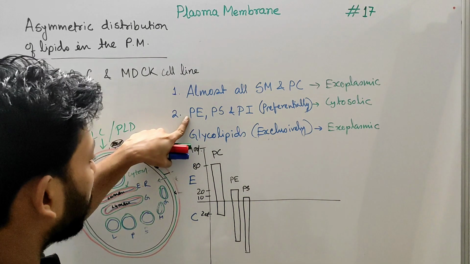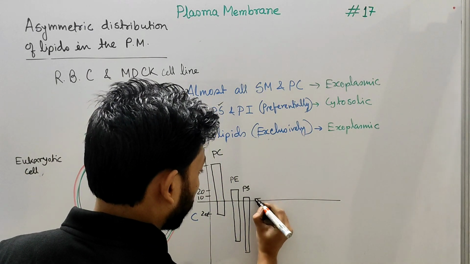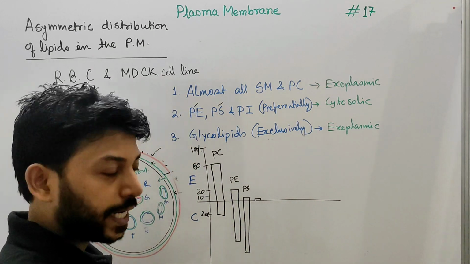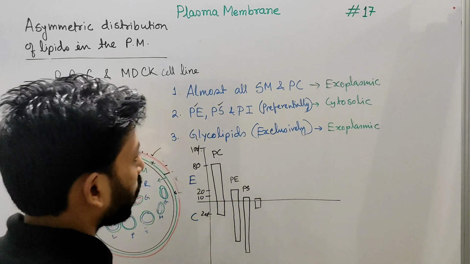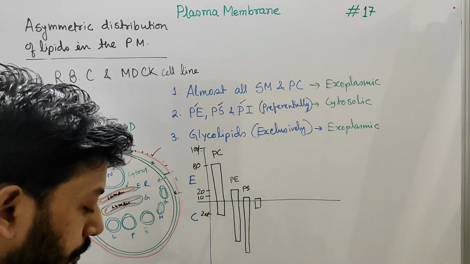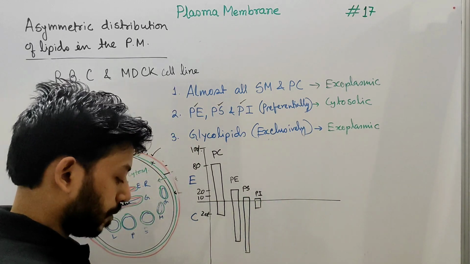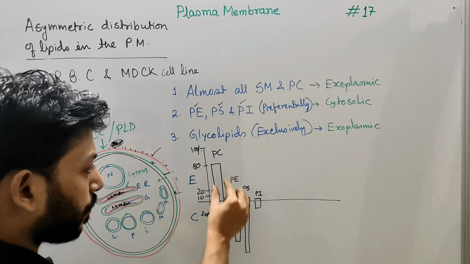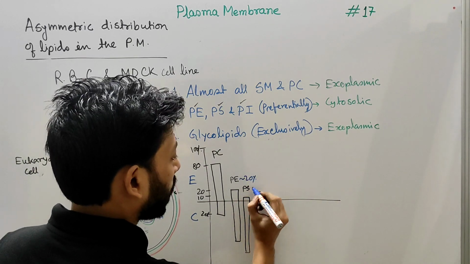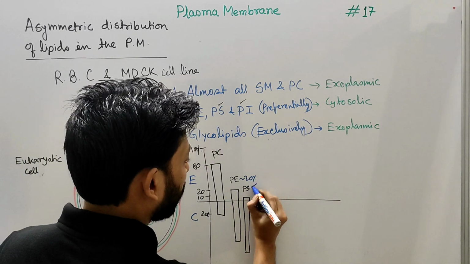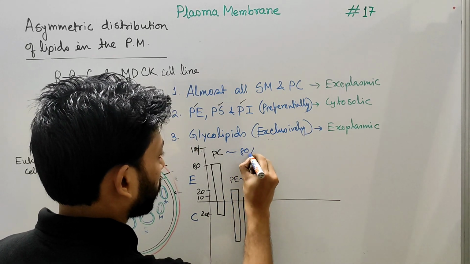As I have mentioned, PE, PS and also PI. PI is present in low amount in both bilayers, but also it is present inside more. So these three lipid molecules, PE, PS and PI, are present in less amount outside, approximately 20% or less than 10%, and here is approximately 80%.